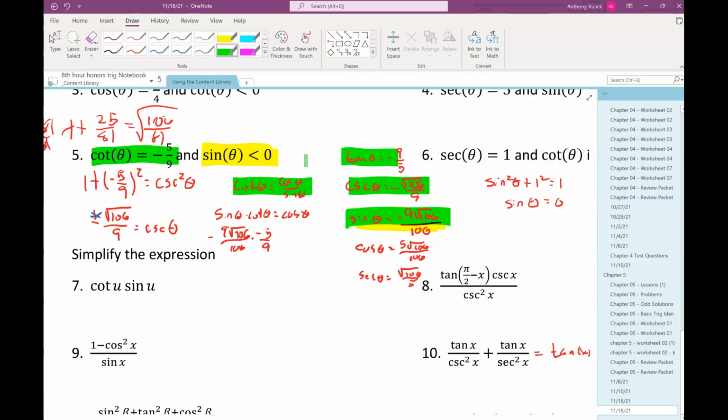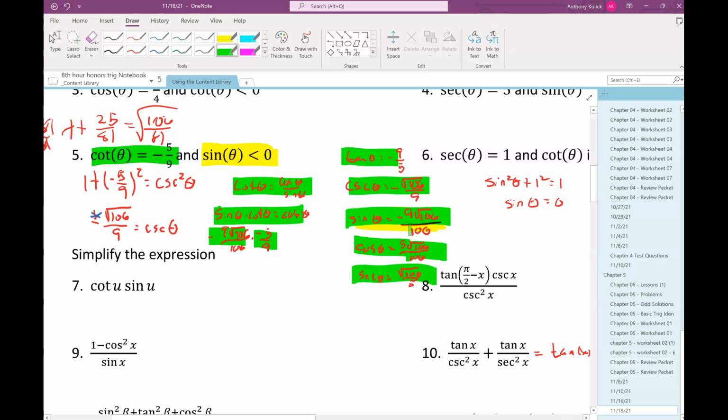To get the cosine by itself, I multiplied both sides by sine. Then I plugged in my value for sine and my value for cotangent and simplified. That gives me my value for cosine. And then for secant, I just flipped cosine and reduced.